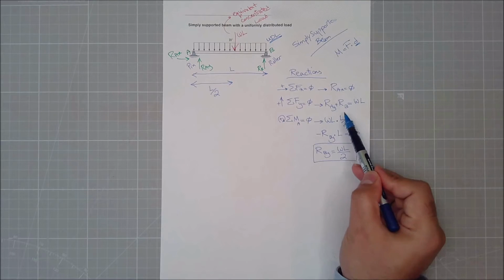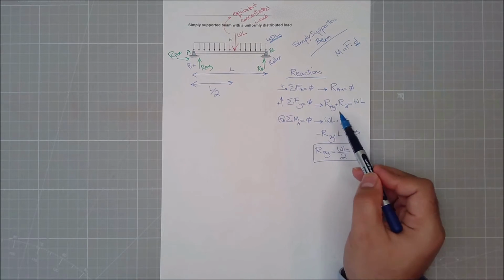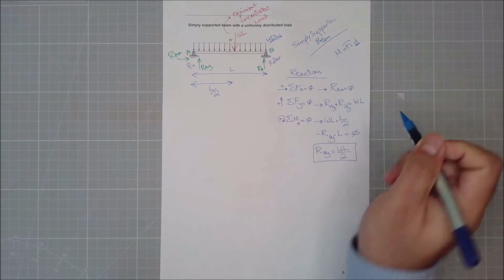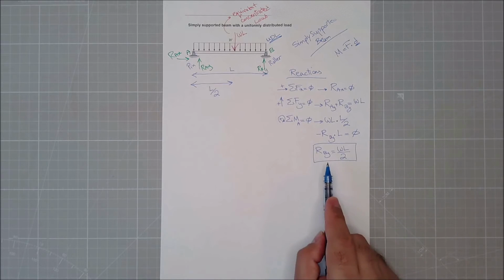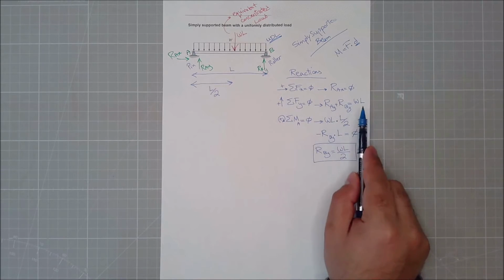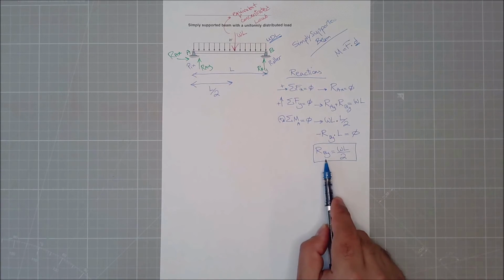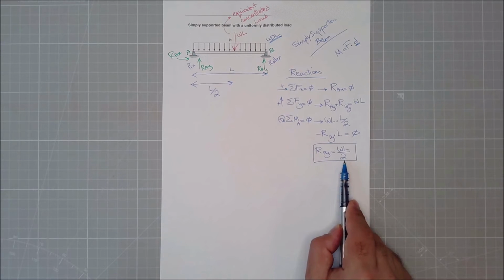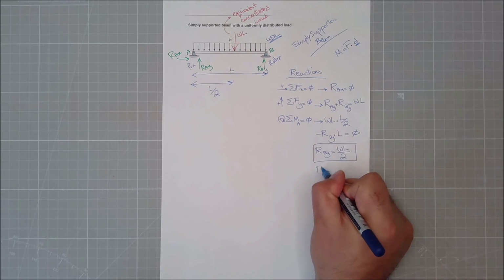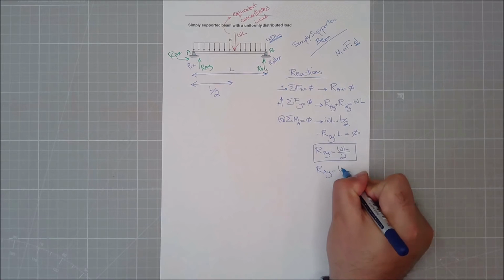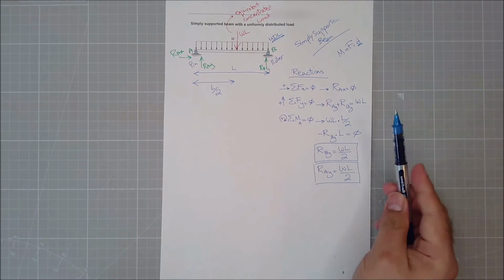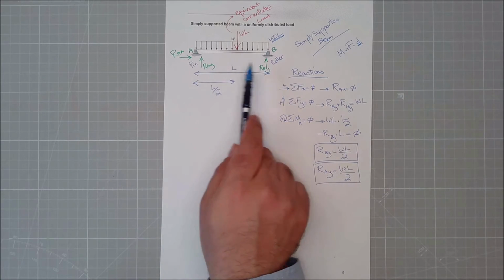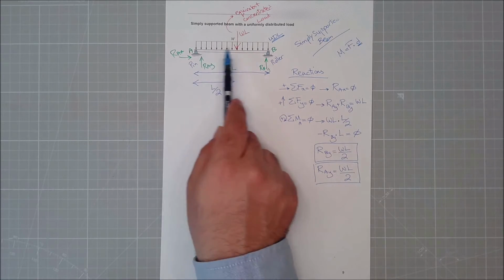And RB, let's call it RBY so it's not confusing. If RBY plus RAY is WL and RBY is WL divided by 2, so definitely RAY is the other half, which we actually guessed in the beginning: that between these two, this load is going to be distributed.